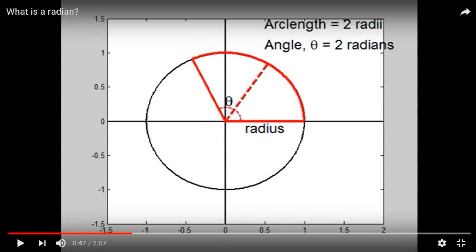Okay, so now they have a larger angle, and this time the angle is 2 radians. This angle is 2 radians. Why? Because the arc length is 2 radii long. And what's that funny shape? Theta. And that's just how we're going to represent the angle at a higher level.